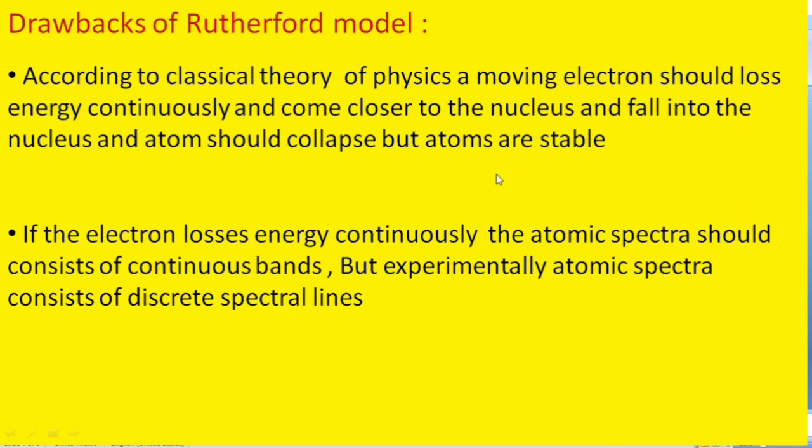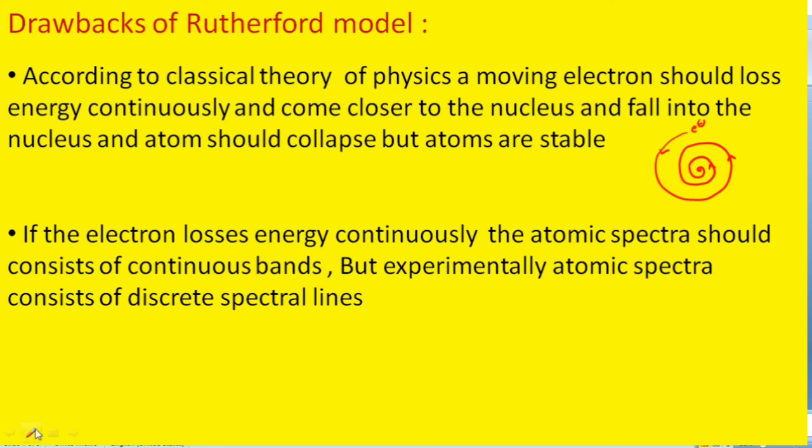Why it is stable, he did not explain. In classical theory, whenever the electron moves in a certain orbit, it loses its energy, its radius should decrease, and finally it will fall into the nucleus. But practically, it did not happen.